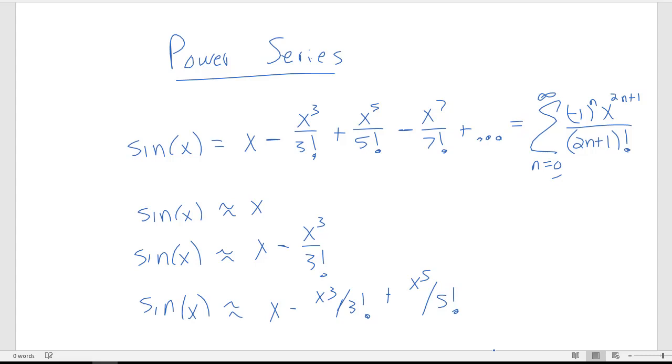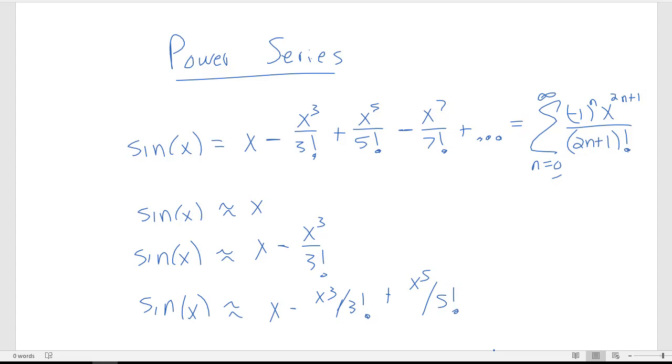Obviously, the more terms I use, the better the approximation will be. And as we add infinitely many terms to the series, we will get exactly the sine function. Any time I use just a finite set of those terms, I'm getting an approximation. The more terms I use, the better the approximation.